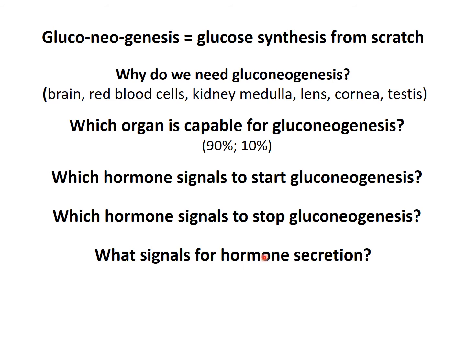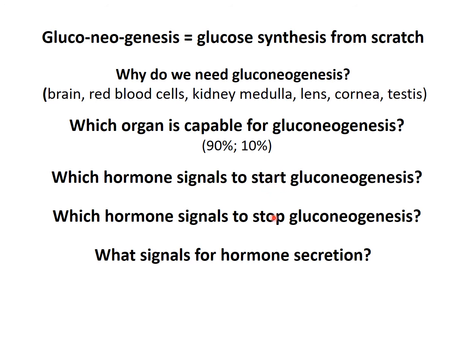When do we need to put out glucose from the liver? When the circulating glucose level in the serum is dropping. This lower than normal glucose level signals to release glucagon, and also low glucose and starvation fasting is a stress signal, so epinephrine will help too. But the main hormone is glucagon.